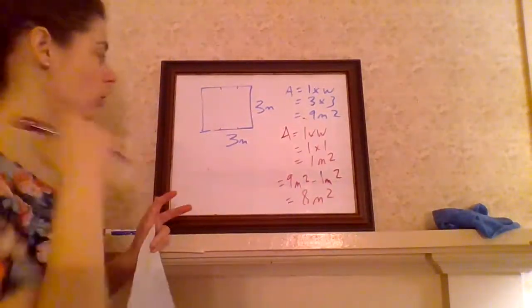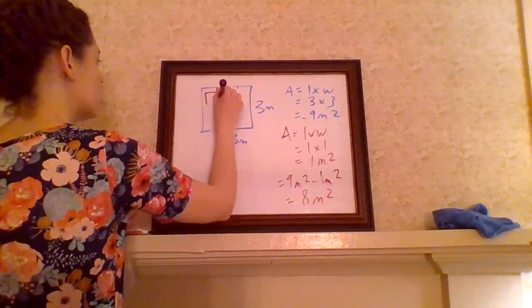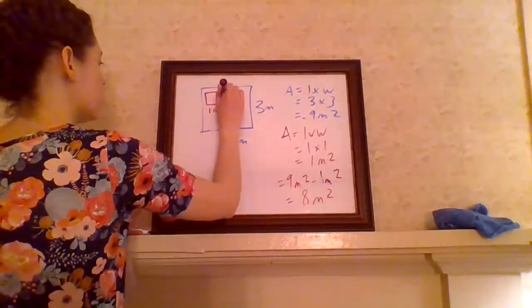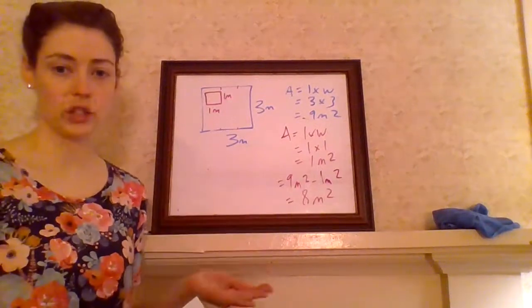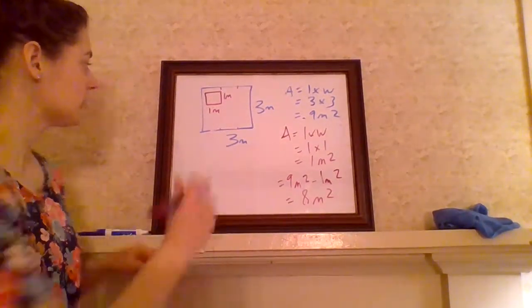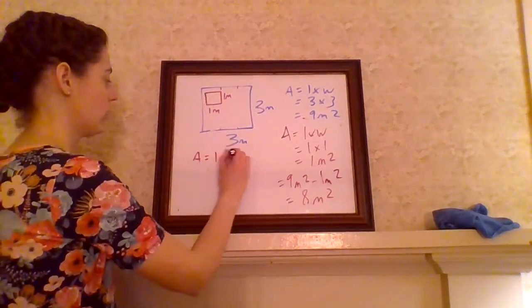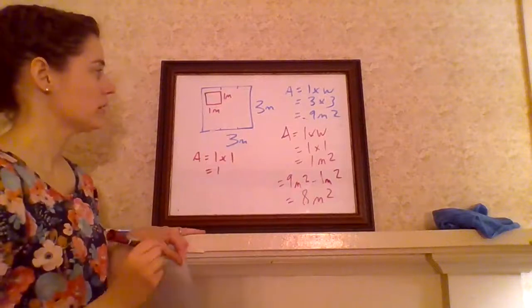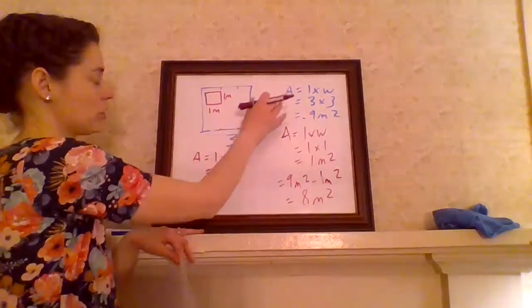Now, what if we had the same shape, and the hole is the same shape as well, but the hole was in a different spot? What if it was over here? And it was still 1 meter by 1 meter. Would that change anything? So again, we would find the area of that, which is 1 by 1, so it's still 1. And we subtract that from 9 meters squared, because 3 times 3 is 9.